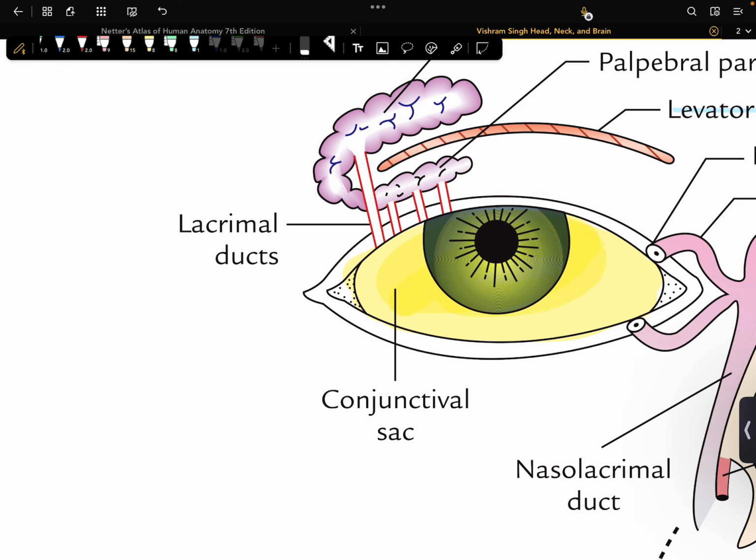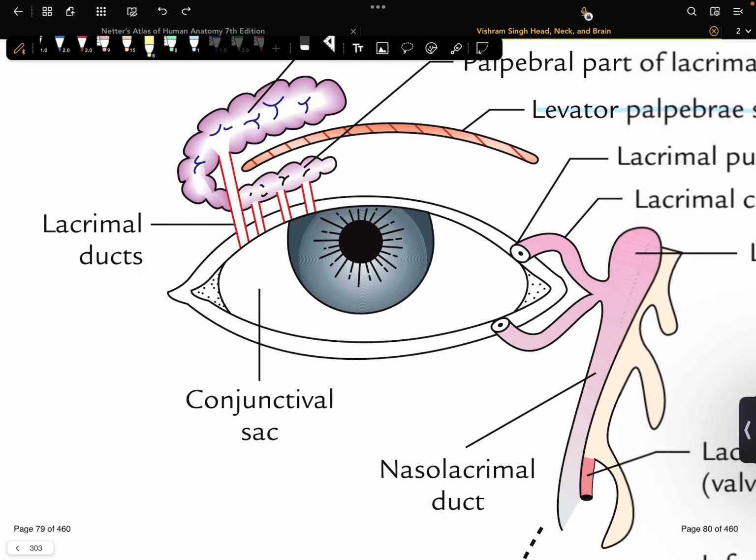It also provides nutrition to the cornea, and it contains lysozyme secretion, so it has bactericidal action and prevents infection. And it also serves to express emotion. During emotions we will be crying, so for that also it is used.